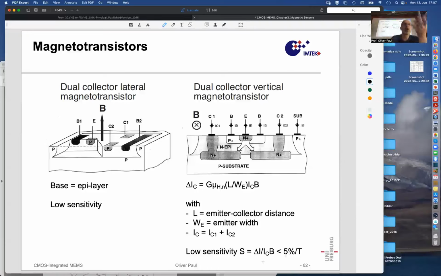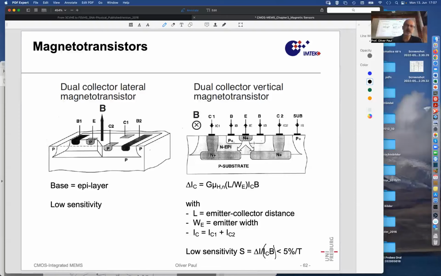Actually, it's normally low, with a few percent per Tesla at best. So this is not something extraordinary. It's a delta I per IC per B. So this is meant to be, of course, both below the bracket, the division sign, and so you have absolutely decent but not extraordinarily high sensitivities.